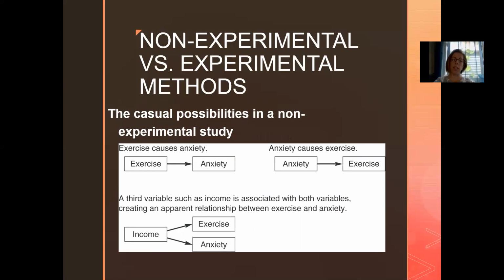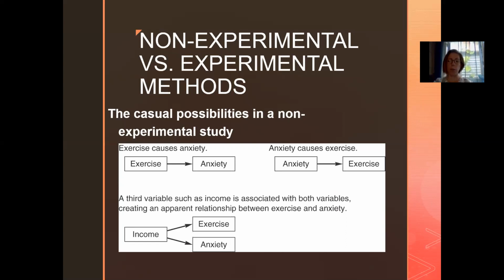Does this lack of exercise cause anxiety, or does having anxiety mean that you are exercising more, right? And it could be that there is a third variable that is impacting all of this. That third variable is affecting both exercise and anxiety.